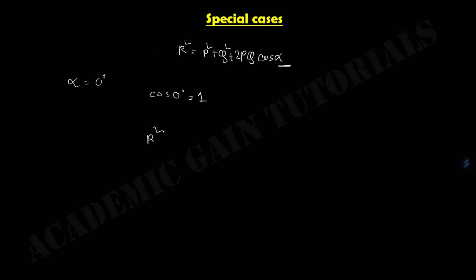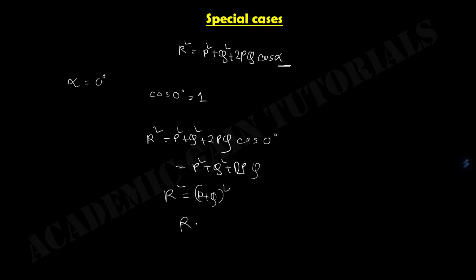Then R square is P square plus Q square plus 2PQ cos 0 degree, or P square plus Q square plus 2PQ, or P plus Q whole square, so R equals P plus Q. This is the maximum of the resultant. So if two vectors are acting at an angle of 0 degree, then their resultant must be maximum.